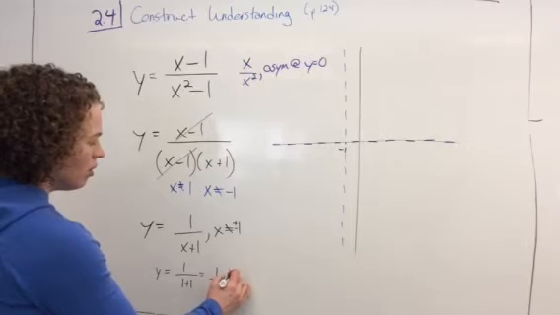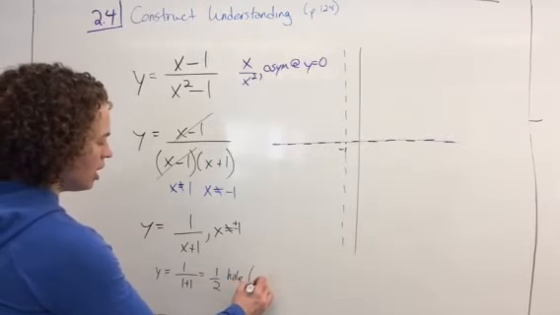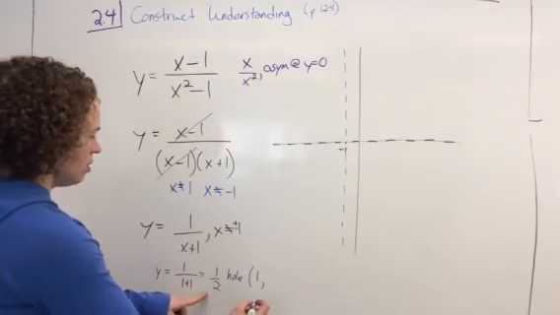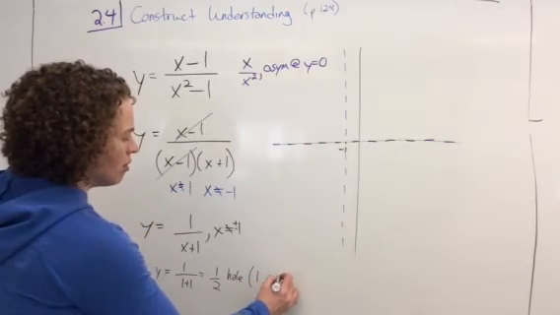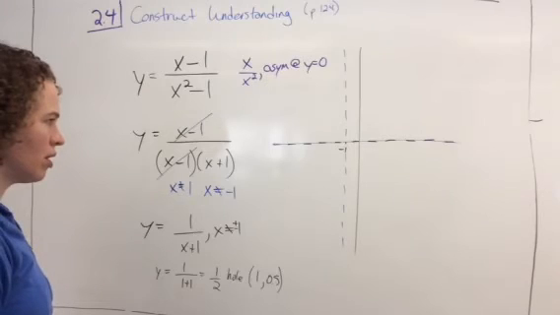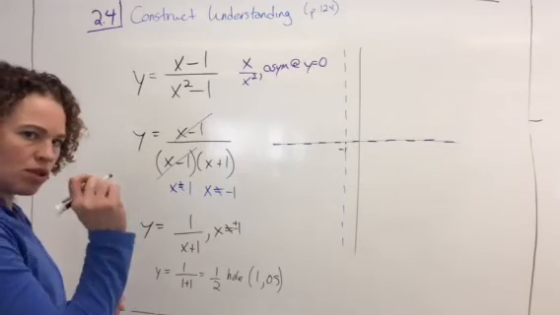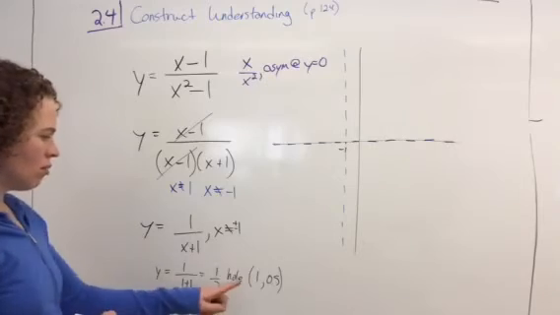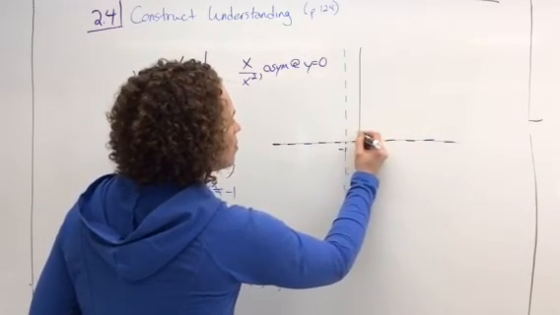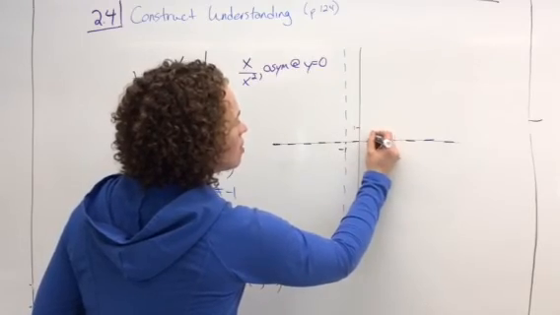So my hole is going to be at x is 1 and y is 1 over 2, or 0.5. I can go back to my graph and draw a little hole using an open circle at 1 and 0.5. Call that 1, call this 1, so about there.